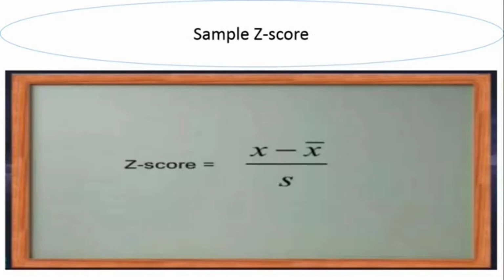The Z score of an observation is the observation minus the mean, divided by the standard deviation.